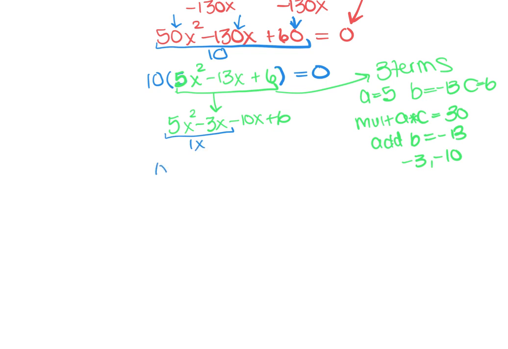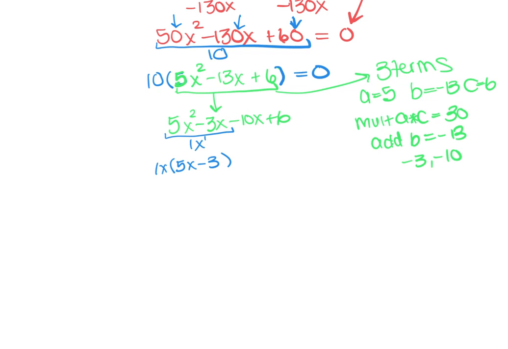So if I factor out a 1x here, I end up with 5x minus 3, because 5 divided by 1 is 5. And then the x, you subtract the exponents, 2 minus 1 is 1. And then negative 3 over 1 is a negative 3, and the x's cancel.